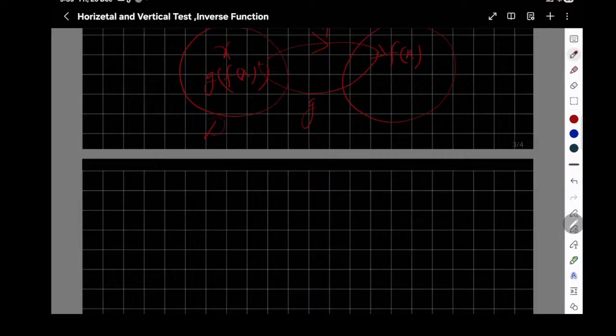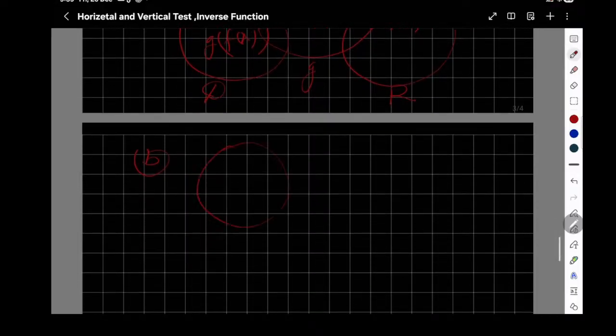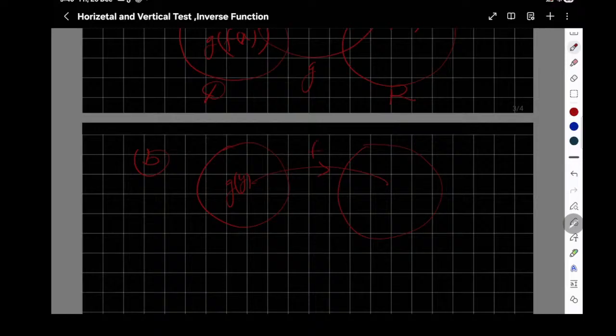This is the domain D and the range R. In the second graph, this is the domain and this is the range. If I draw g of y, that means f again, so we reach f of g of y. Got it?